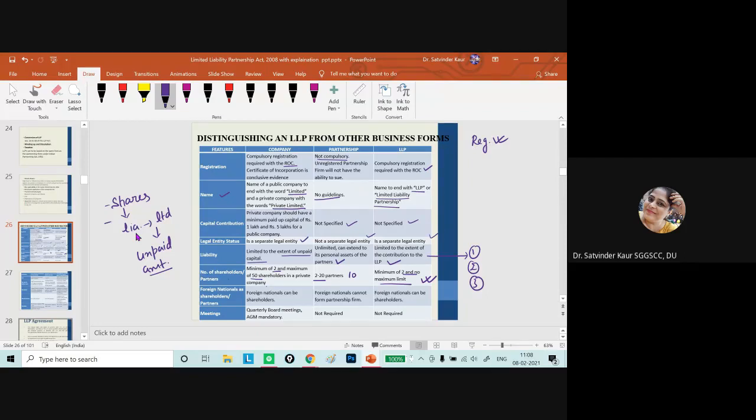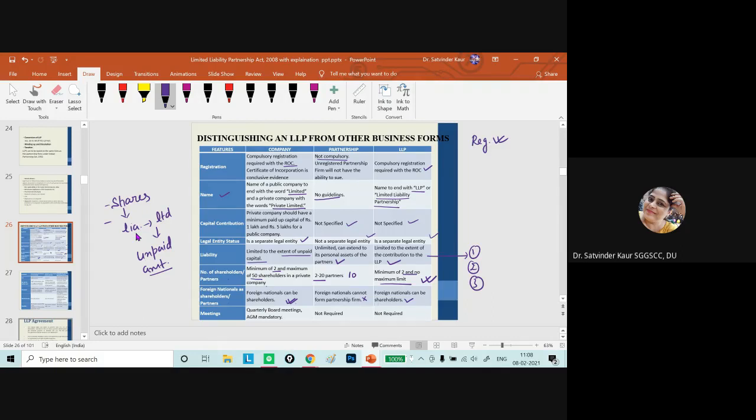Now, when we talk about foreign nationals, in a company there are foreign institutional investors and foreign direct investment, so there is possibility. In case of partnership firm, it is not allowed, but in case of LLP, foreign nationals can be the shareholders.